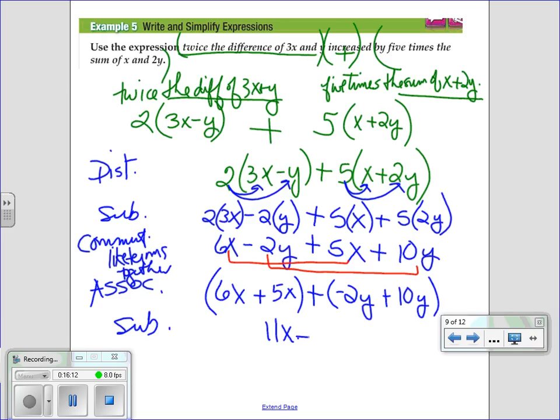And plus negative 2y plus 10y is 8y. Now these two terms are different. They're not like terms, so I cannot add them together. And there's the solution to that problem. A little bit long, but very logical step-by-step approach.